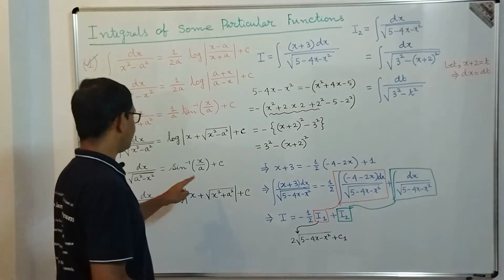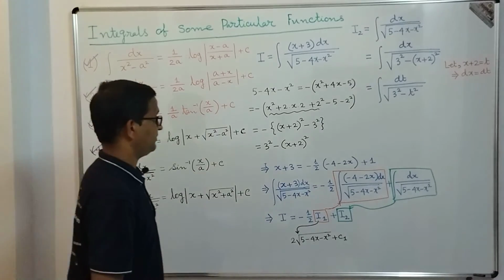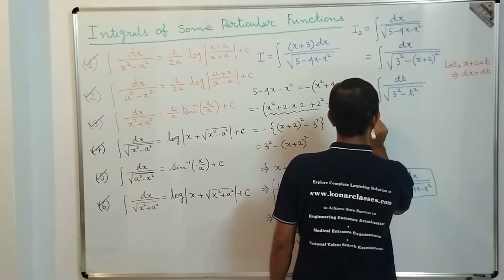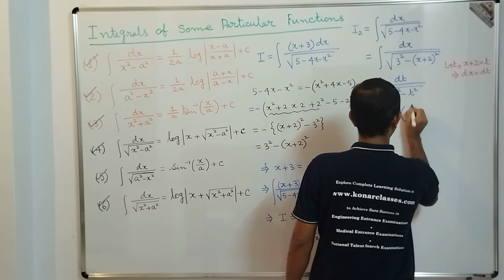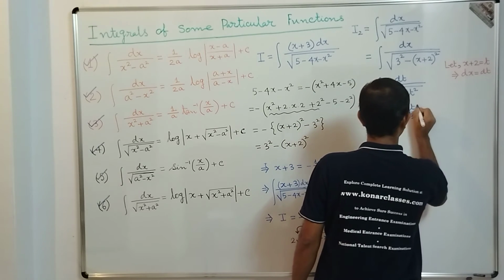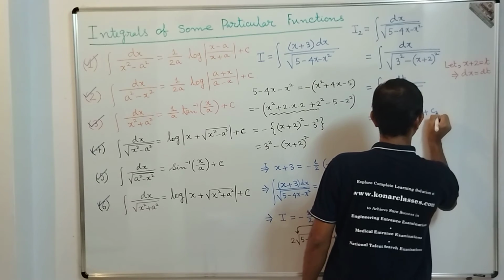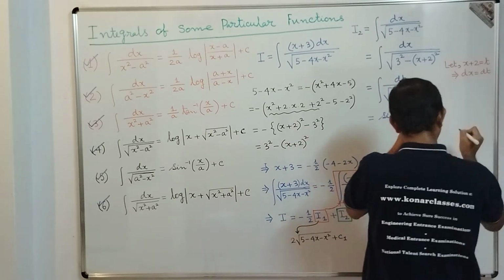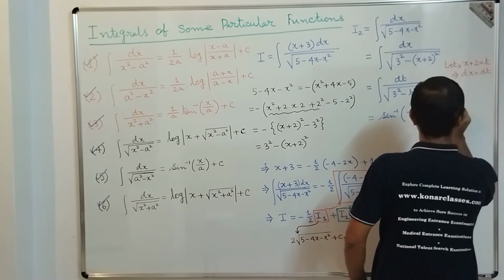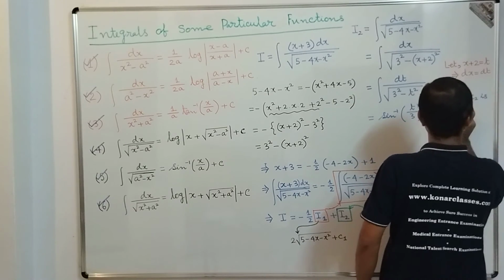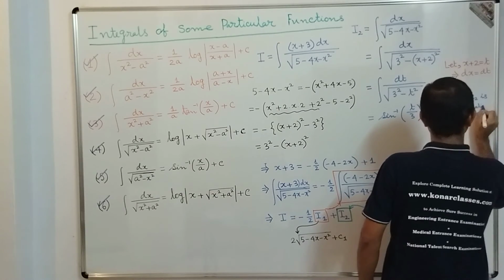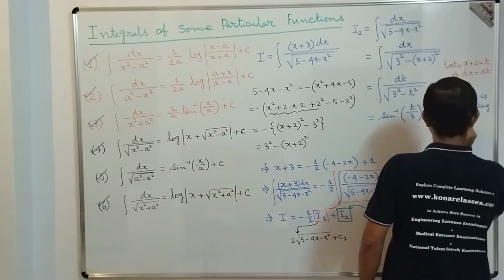So what we get is sine inverse x by a plus integrating constant. So that is equal to sine inverse t by 3 plus an integrating constant c2, where c2 is an integrating constant.